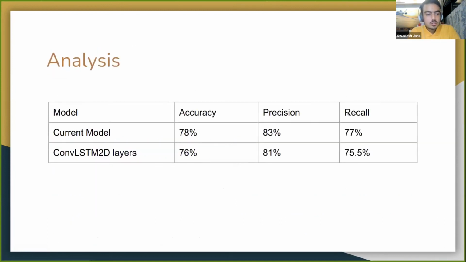Analysis: the current model largely uses conv 3D layers. I replaced the conv 3D layers with conv LSTM 2D layers, and here is the output on the validation set. As you can see here, I'll remark that the accuracy could have improved, or may not have improved, because these are manually annotated videos.